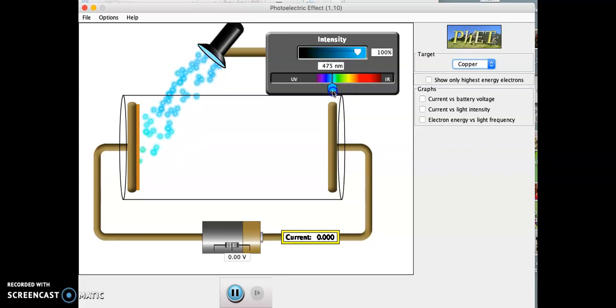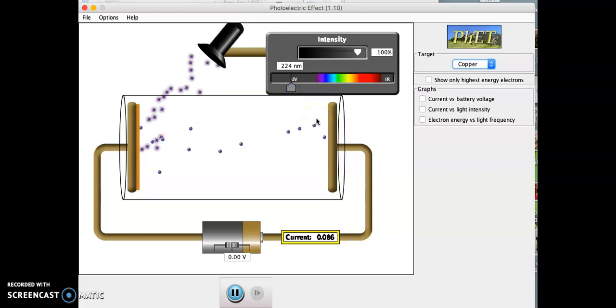Passing green. Even the blue doesn't have enough energy per photon to dislodge an electron from copper. We need to find that minimum energy needed in order to cause electrons to come out. There we go.